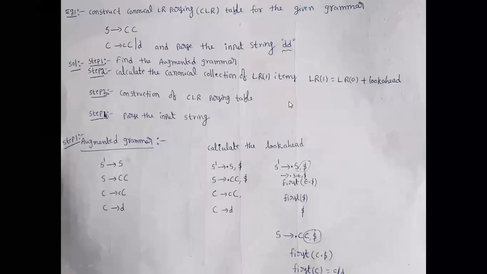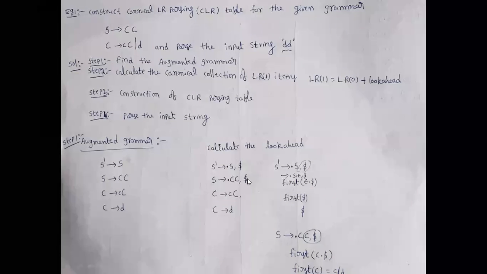Okay, so we are considering this dollar. Then after the dot, we have a non-terminal capital S, so we add the productions of capital S: S is production with dot C C, comma dollar.